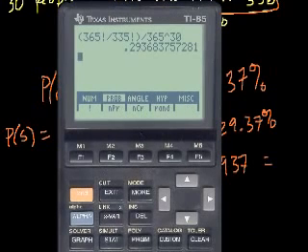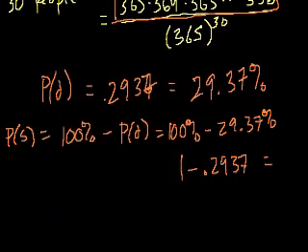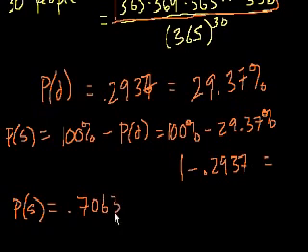Or another way you could write it is 1 minus 0.2937, which is equal to 0.7063. So the probability that someone shares a birthday with someone else is 0.7063. It keeps going, which is approximately equal to 70.6%.